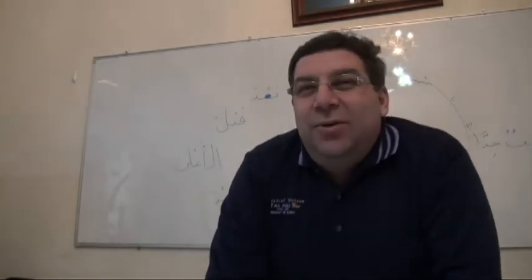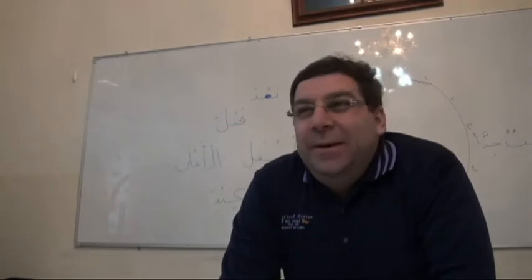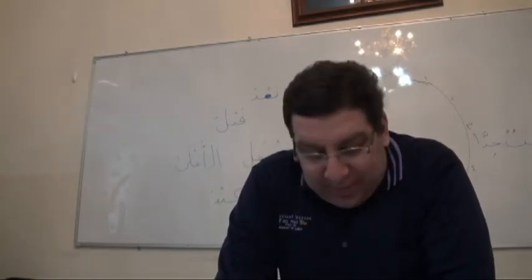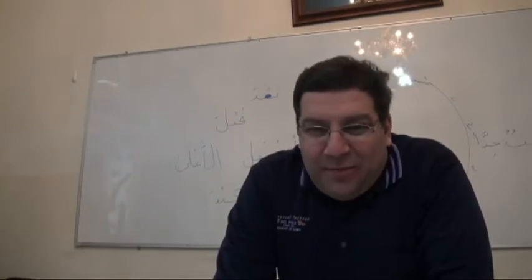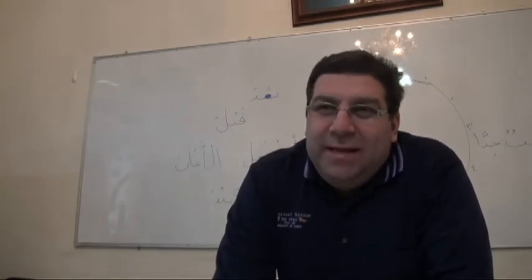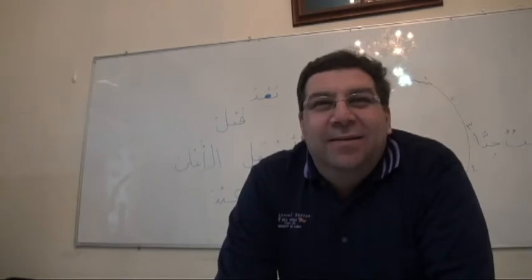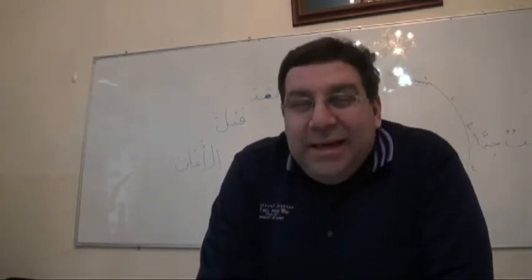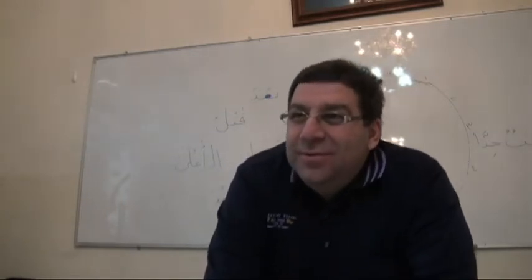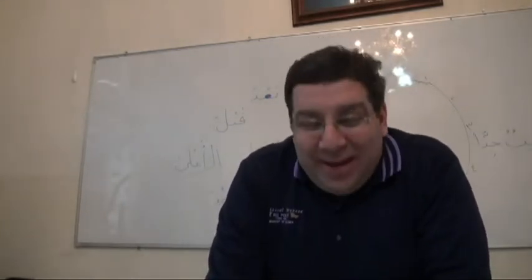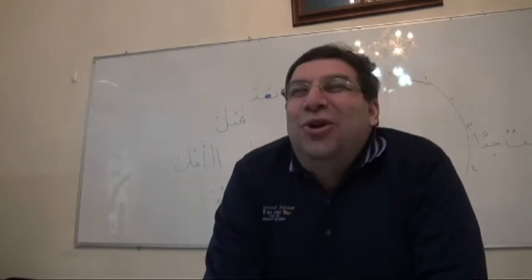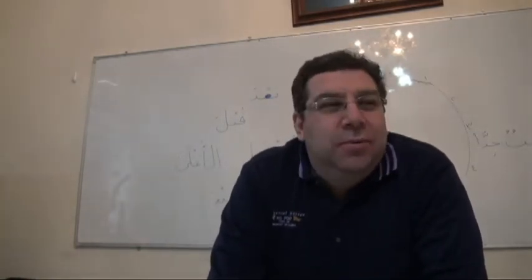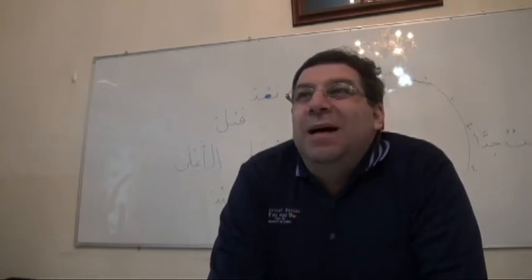Now we translate. What is the meaning of fi? In. A'la, above or higher or whatever. Now we will understand more. Al-Jabali means mountain. Yujadu means there is. Mahattatu, yes, mahatta means station.